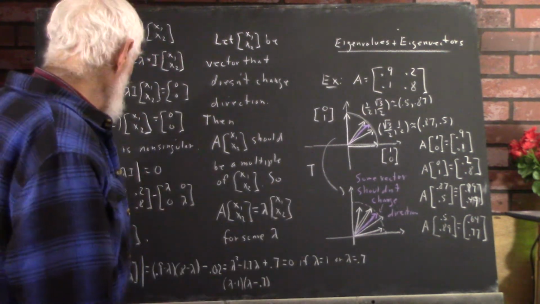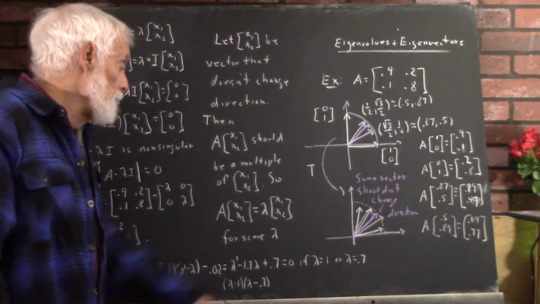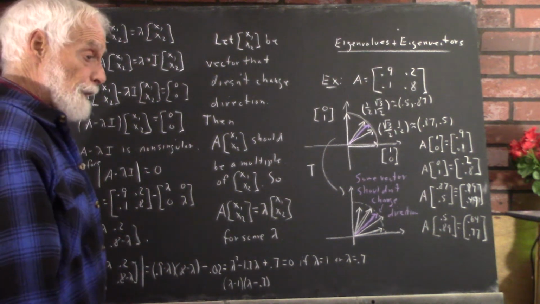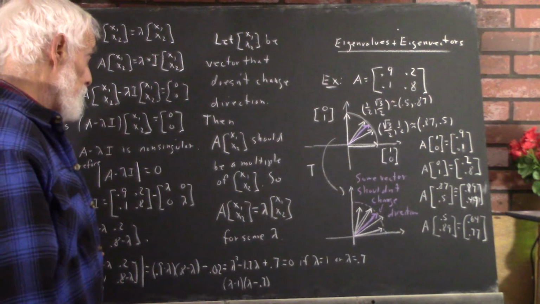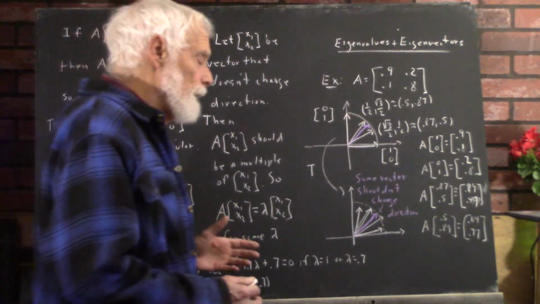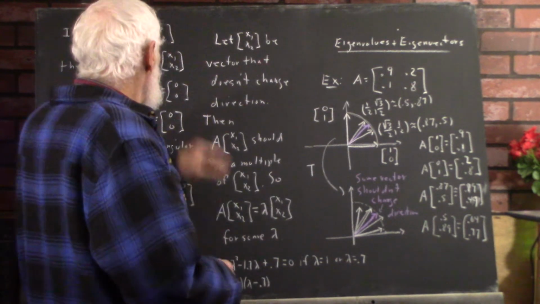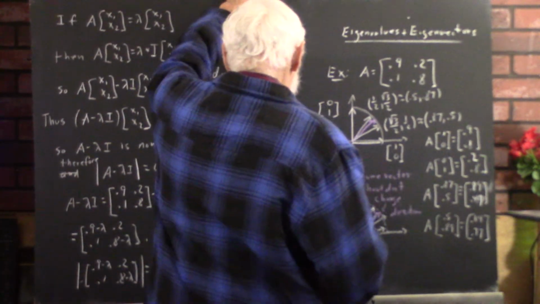So we've established that for these two values of lambda, this matrix is singular.